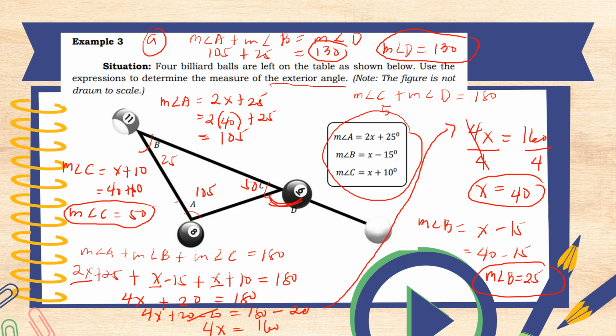Angle C is 50, plus the measure of angle D equals 180. Subtracting both sides by 50, the measure of angle D is equal to 100. This is the second way on how to find the exterior angle. So the exterior angle is equal to 130.